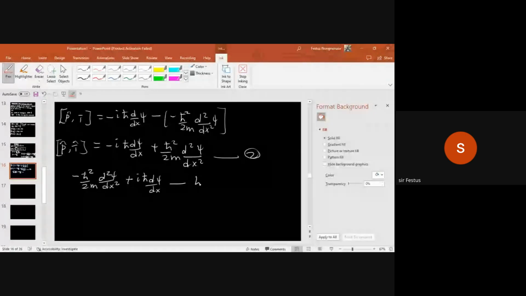H square, the square psi over 2m. Then this one we will the square x. Then we also have, this one comes first. So I'll write this one first before the other one.